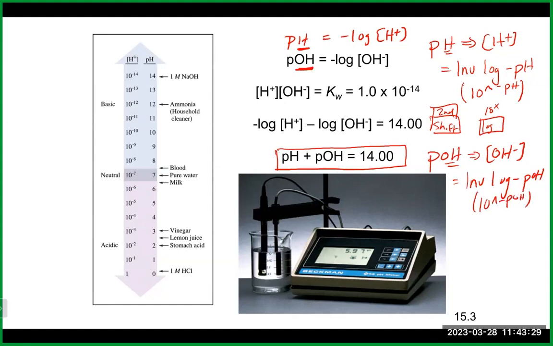If we add in our other one that we talked about just a second ago, which is our Kw, equals H plus times our OH minus concentration equals 1 times 10 to the minus 14. This does give you a variety of different ways at which you can actually solve a problem.